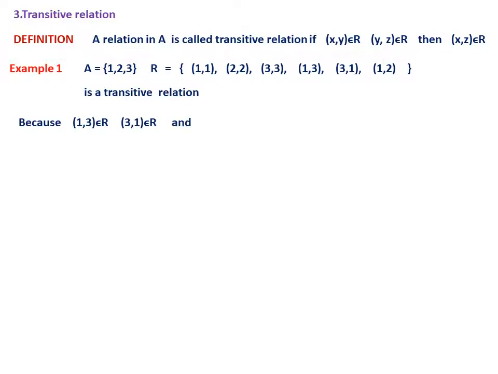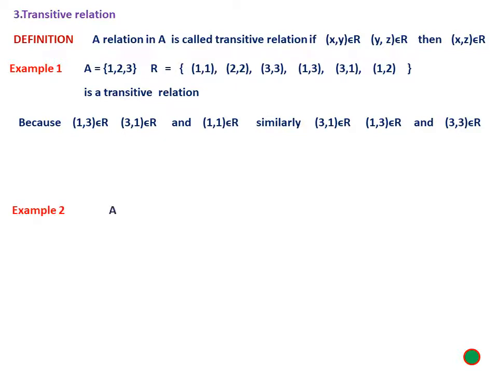Now apply the condition (x,y), (y,z), then (x,z), and (1,1) is there. So definitely it is transitive. Similarly, (3,1) is there, (1,3) is there, because you should take all possible such pairs. Therefore, checking transitive is not easy. (3,1), (1,3). Therefore, as per the definition, (3,3) must be there. Yes, (3,3) is there. Therefore, it is transitive relation.